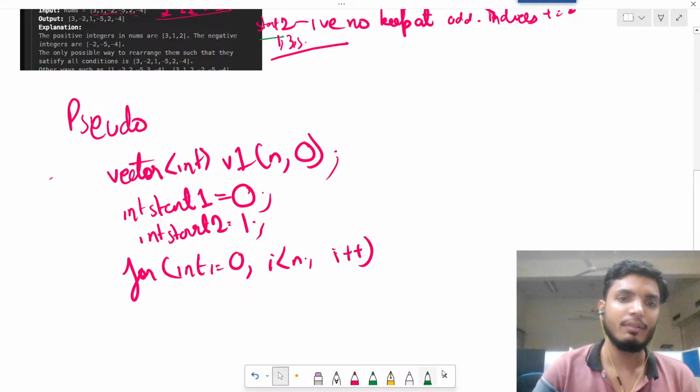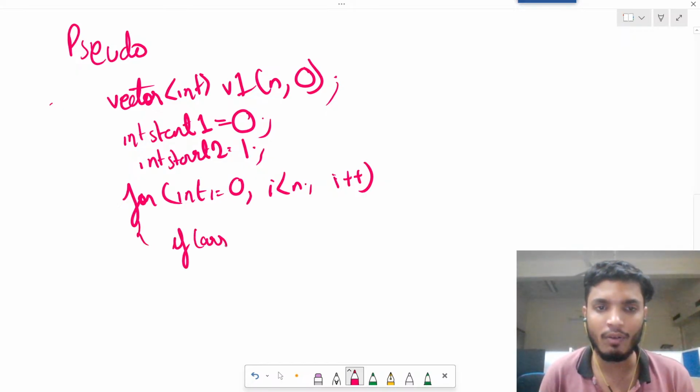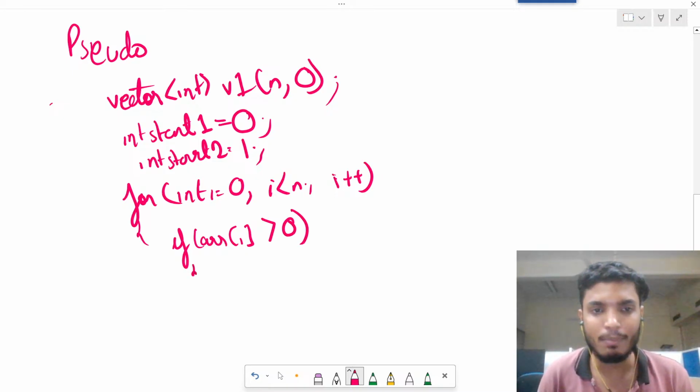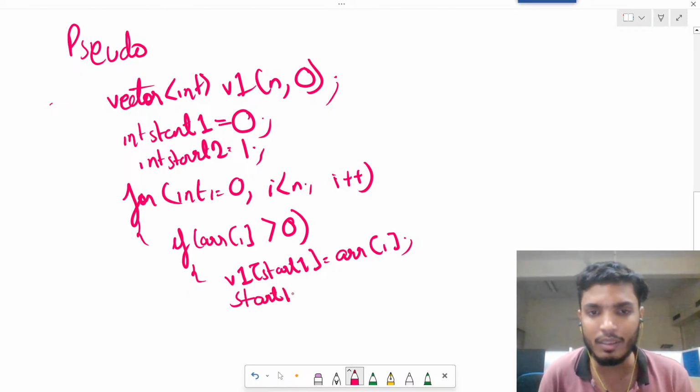If the array has a positive number, if arr[i] > 0, then I'll simply put v1[start1] = arr[i], because this is a positive number, so I will be putting it at start1, and start1 will increase by plus equals 2.